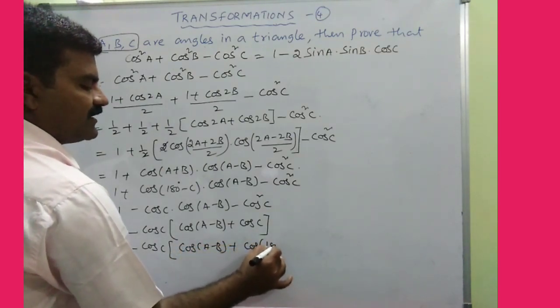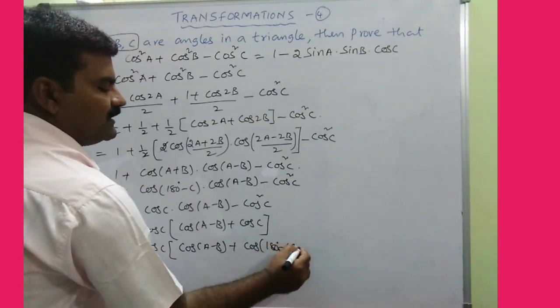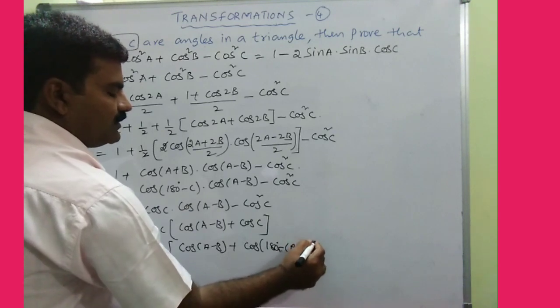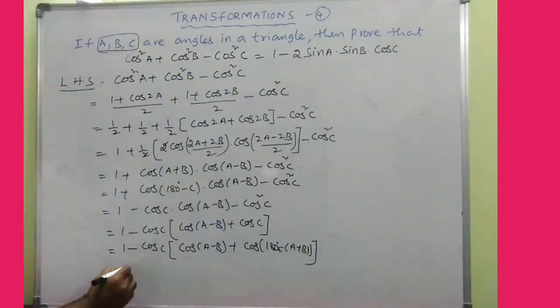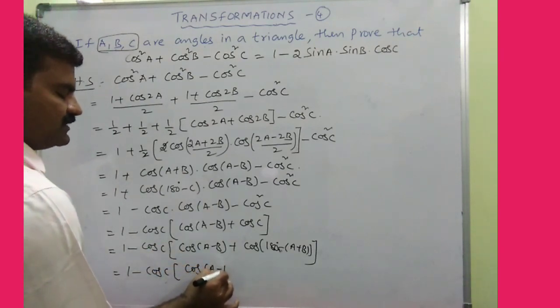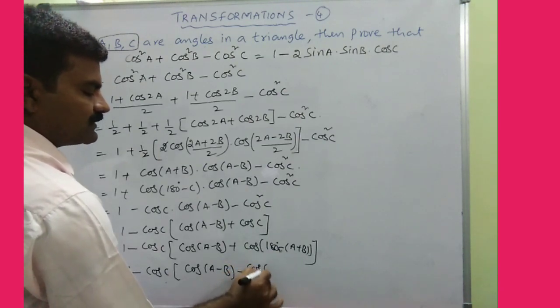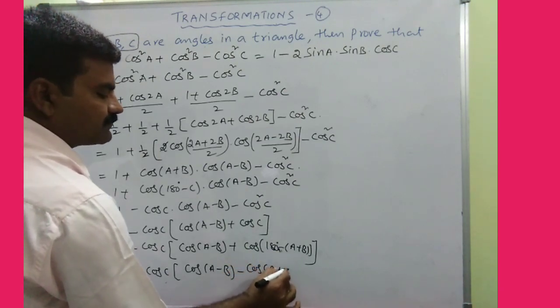Once again we can write it as 180 minus (A plus B). So 1 minus cos C into cos of (A minus B), and once again this is minus cos of (A plus B).